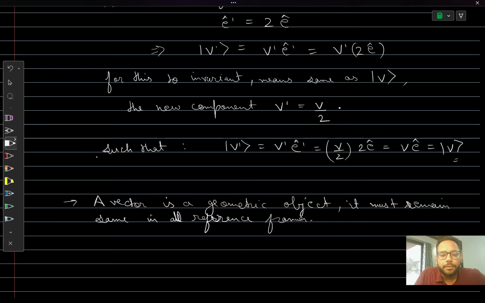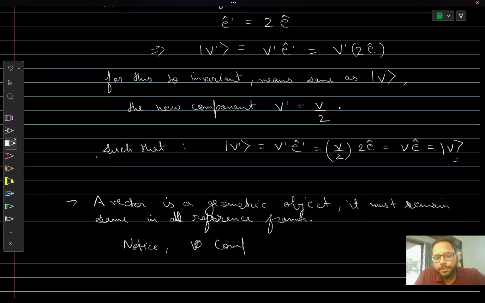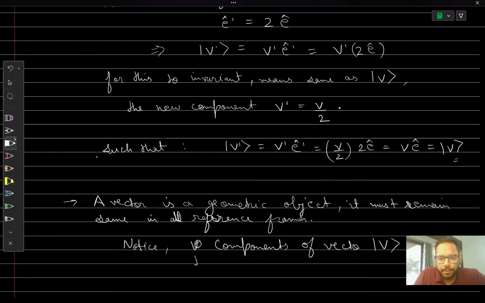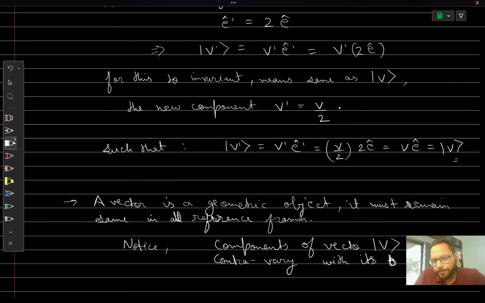Okay, and you notice that components of vector v do transform, or say contravary with its basis vectors, that is this.